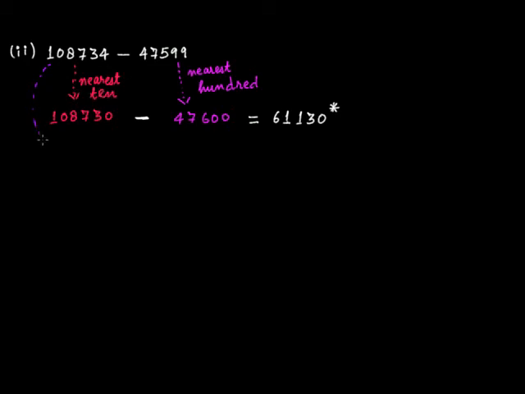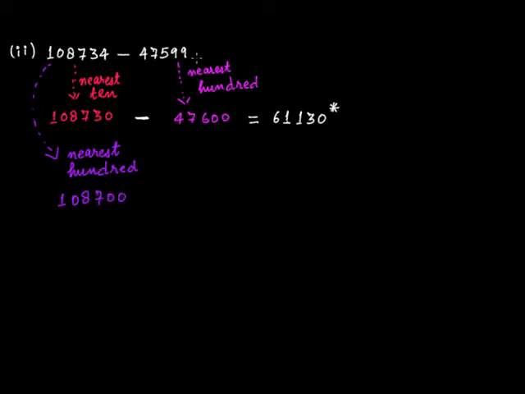Now, if I round off to its nearest 100, 1,08,734 will become 1,08,700, right?